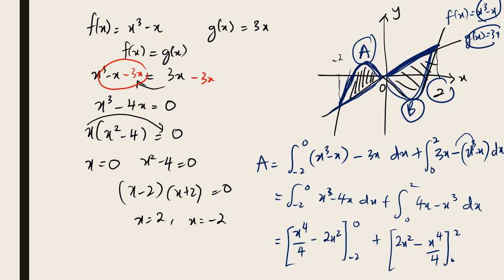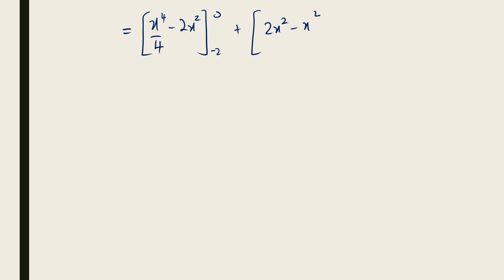Now you just need to substitute the values. The function is x to the power of 4 over 4 minus 2x squared from negative 2 to 0, plus 2x squared minus x to the power of 4 over 4 from 0 to 2.